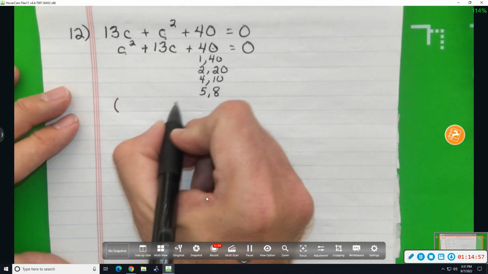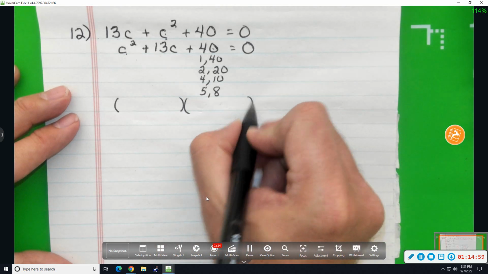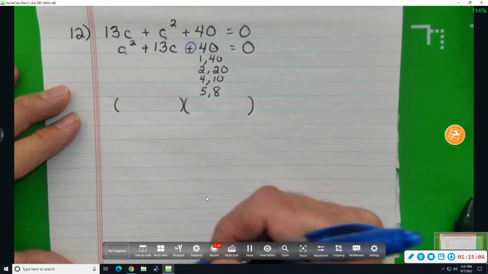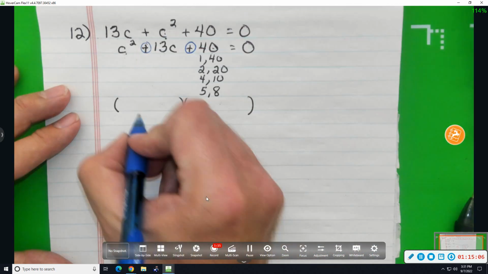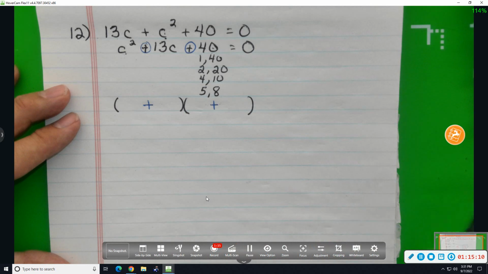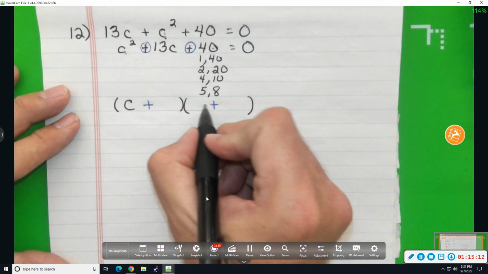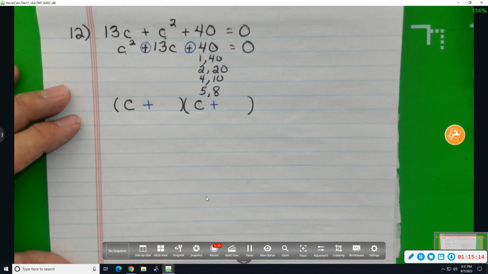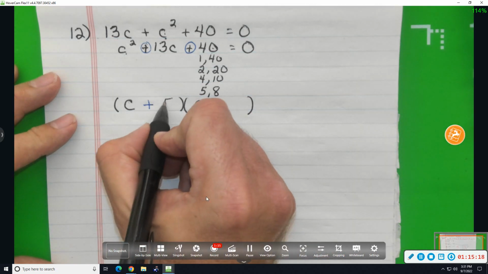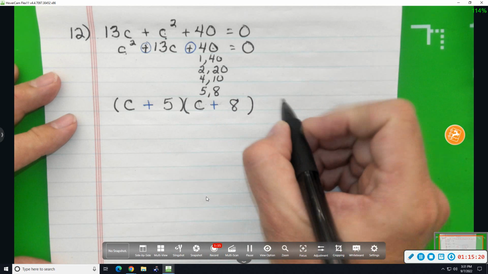If I draw my two sets of parentheses, the second sign is plus, so two of the first. So we can put plus and plus, C and C. What pair of numbers did we say would work here? 5 and 8.